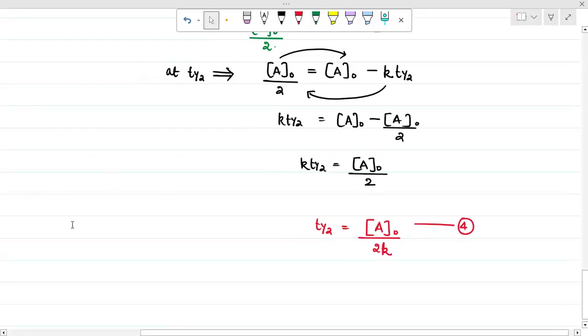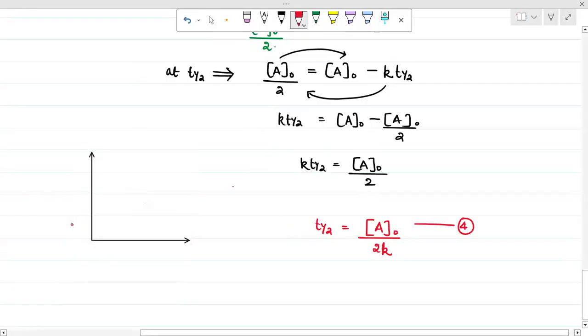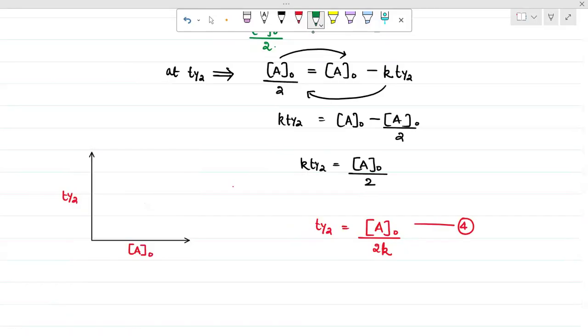Please draw the graph simultaneously. Let's say I want a graph between t half versus initial concentration of the reactant. So what is it that you have?